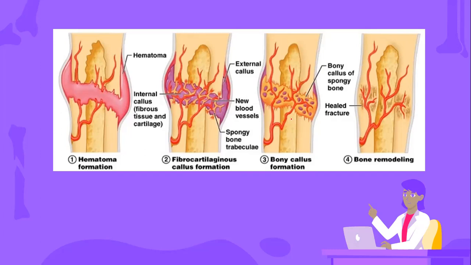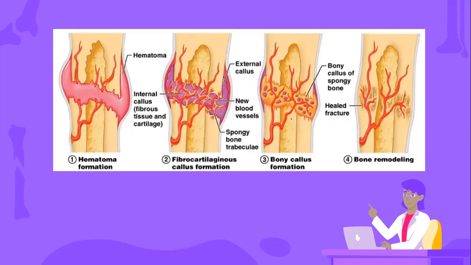This would be radiological consolidation. Okay, so the first three steps of this process can be seen in an X-ray. However, the last one cannot be seen in an X-ray. That is the radiological consolidation, okay, when it can no longer be seen.